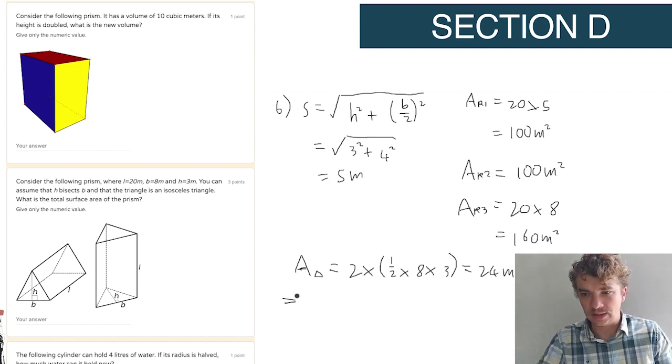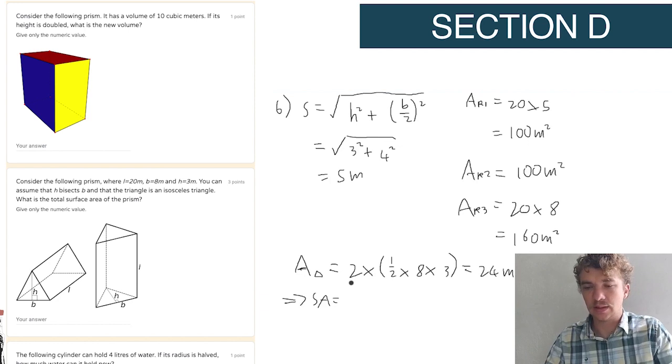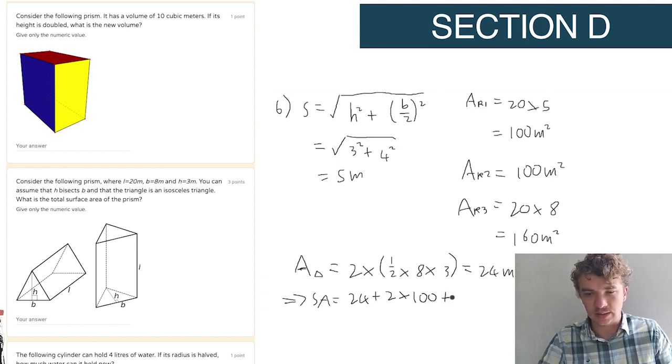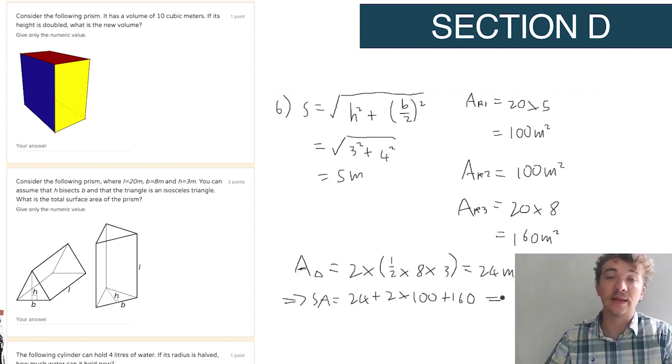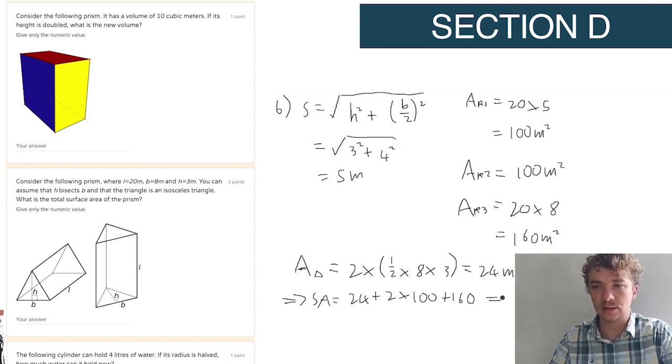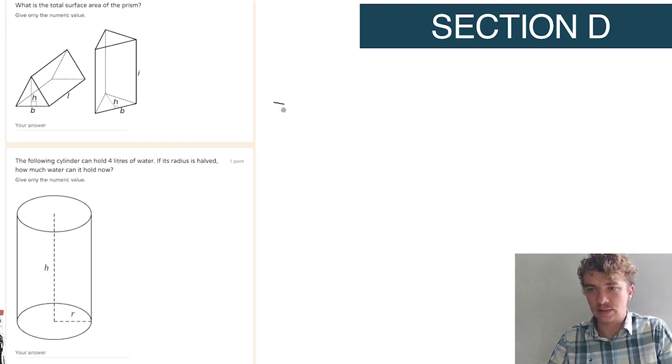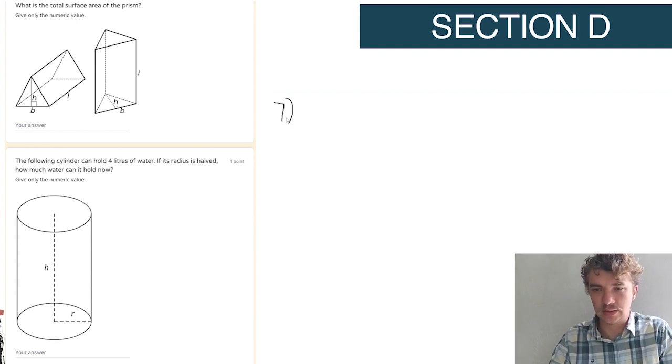And that implies that the total surface area of this prism is just the sum of all the areas, so it's the 24 plus 2 times the 100 plus the 160, and that leaves us with 384 square meters.